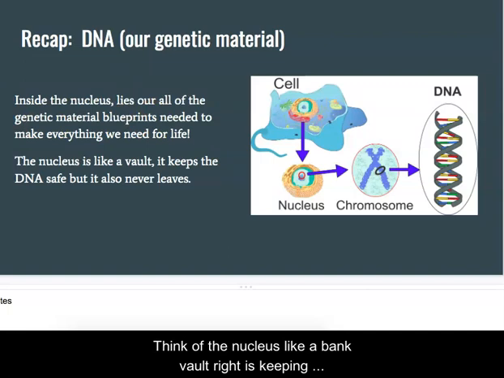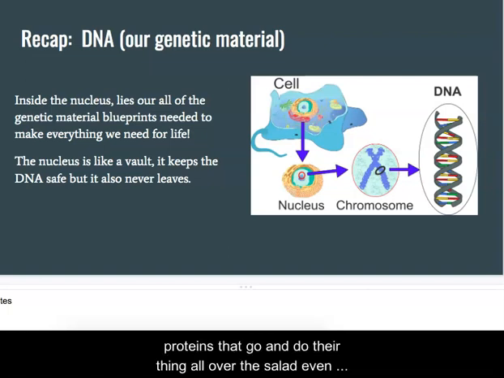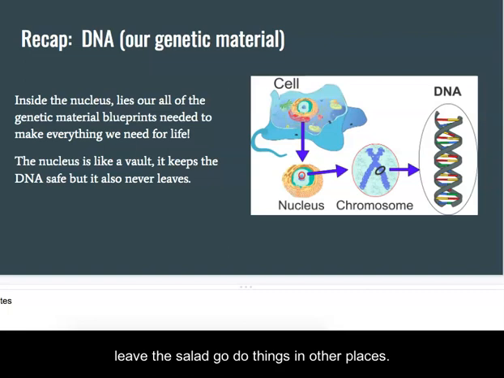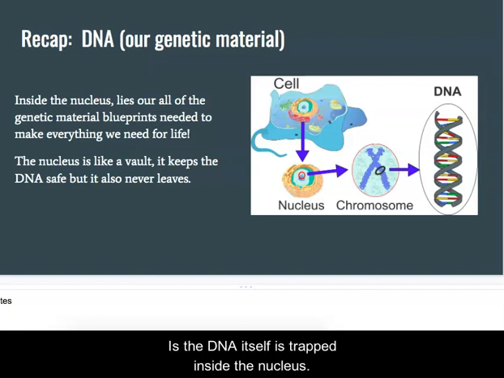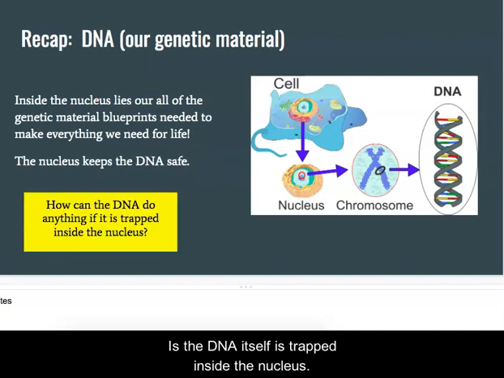Think of the nucleus like a bank vault. It is keeping DNA safe and secure inside. But the trick is, the DNA can't leave. It's trapped in there. So how do we get proteins that go and do their thing all over the cell, and even leave the cell and go do things in other places, if the DNA itself is trapped inside the nucleus?